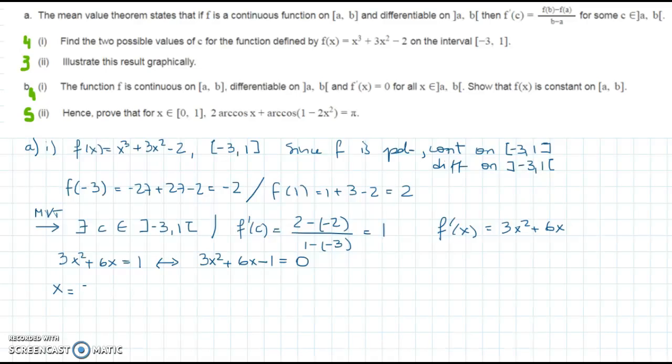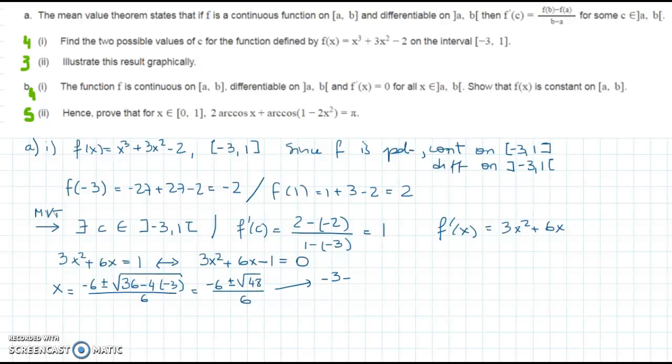So x is going to be minus 6 plus minus the square root of 36 minus 4 times minus 3, over 2a, so over 6. This is minus 6 plus minus square root of 48 over 6, and this simplifies to two possible values.